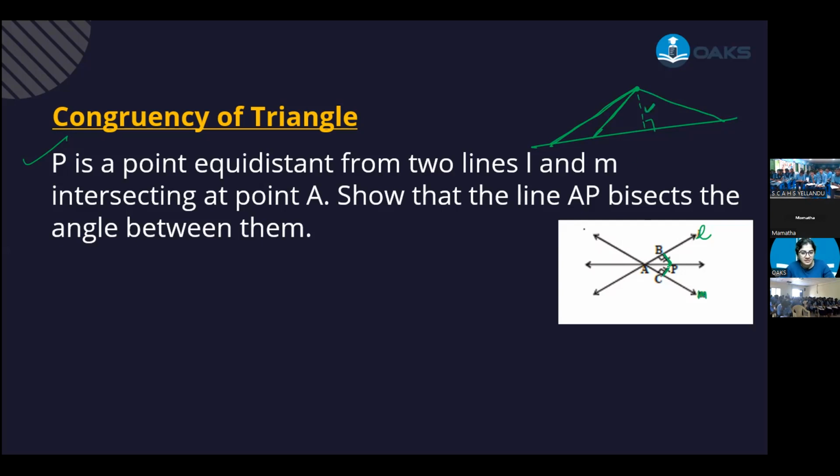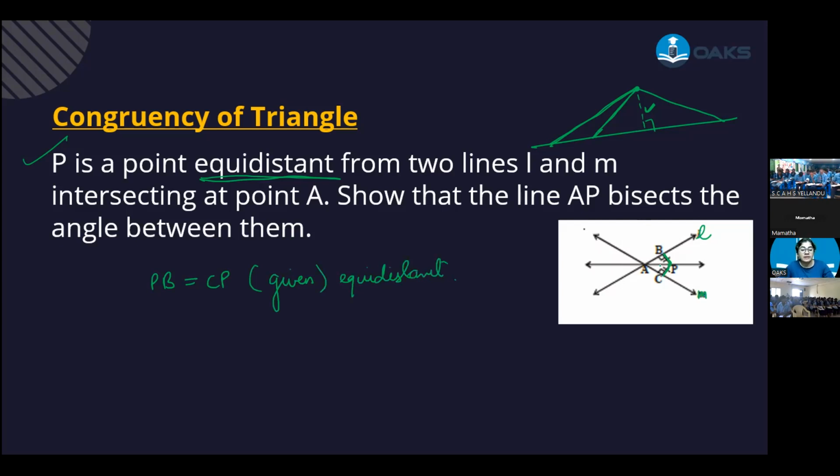Now here it is said that point P is equidistant, which means at equal distance from two lines. That means PB is equal to CP, right? Understood, everyone? You can draw the diagram and you can see that PB is equal to PC or CP, because it is given to us equidistant.